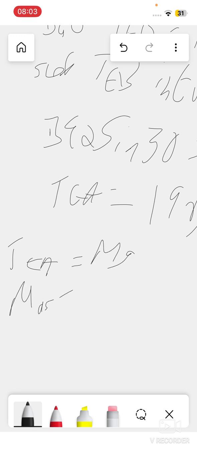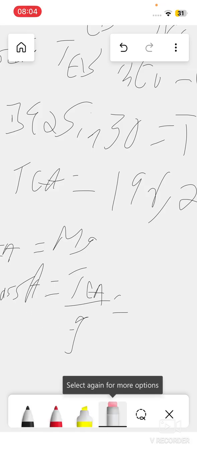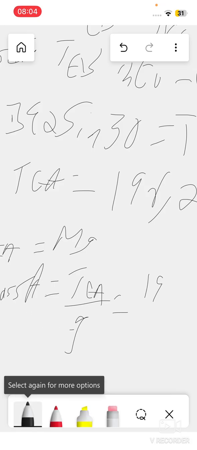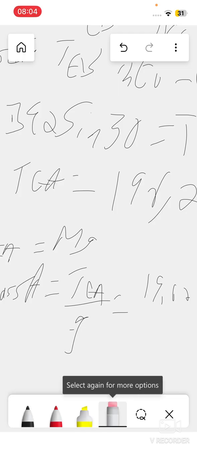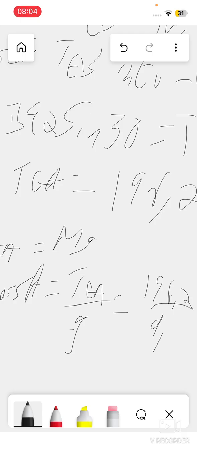The mass of A is equal to TEA over g, which is 196.2 over 9.8.